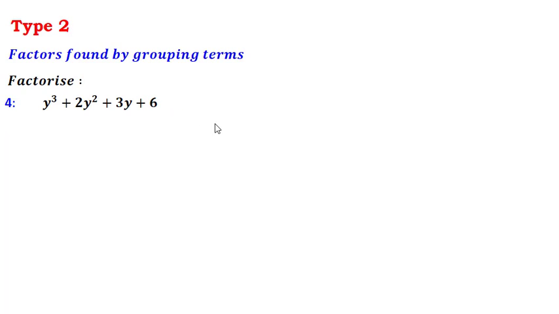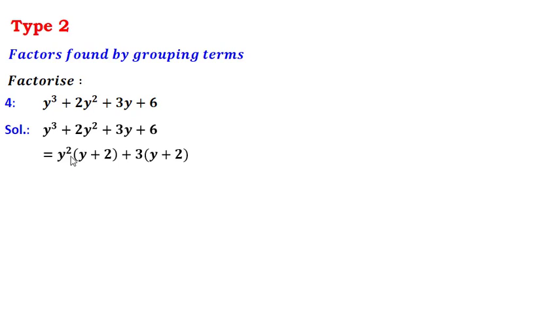Now the fourth question. y^3 + 2y^2 + 3y + 6. From these two terms I can take y^2 common, and from these two terms I can take 3 common. So let us take y^2 common from these two terms. As I take y^2 common, here y is remaining and here 2 is remaining, plus in these two terms I will take 3 common, so y is remaining here and 2 is remaining here.